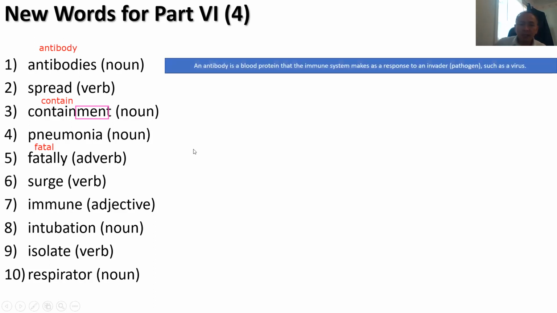Now, the meaning for each word is here. An antibody is a blood protein that the immune system makes as a response to an invader, like a pathogen. When you have a pathogen, you are sick, because a pathogen is a virus that causes you to be sick. So basically, antibody is medicine. When you are sick, the doctor gives you medicine.